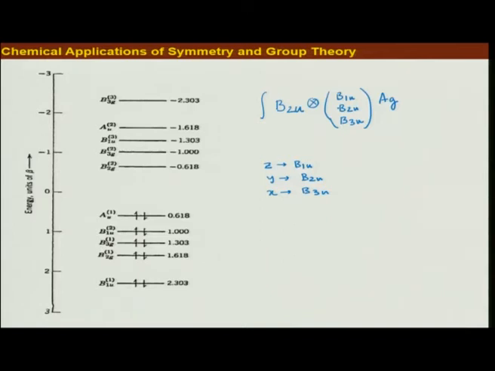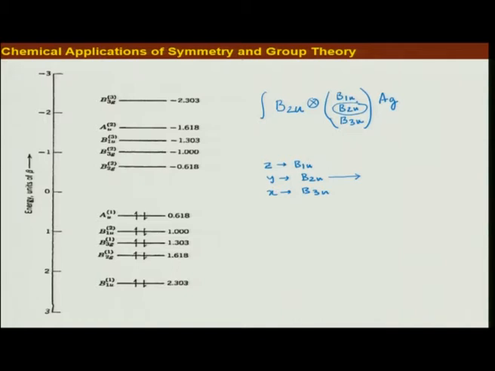That is also not going to give you the totally symmetric IR. So only the one transition is allowed overall, and it is allowed in the y direction. Why? Because this B2U has y as its basis. So this particular transition will be y polarized.